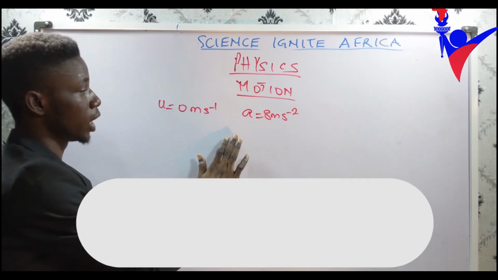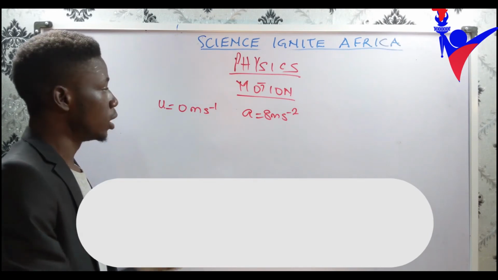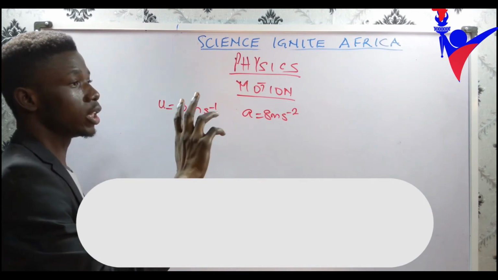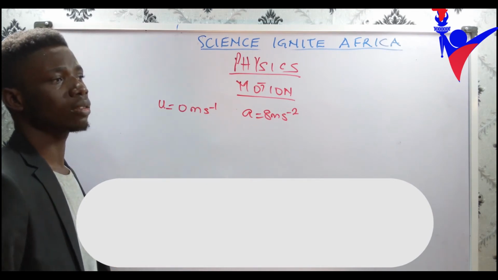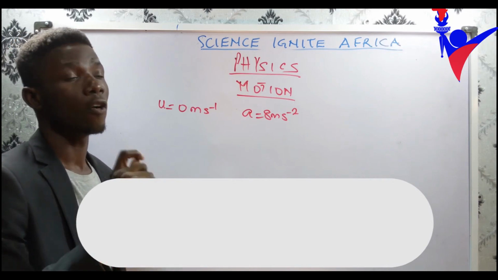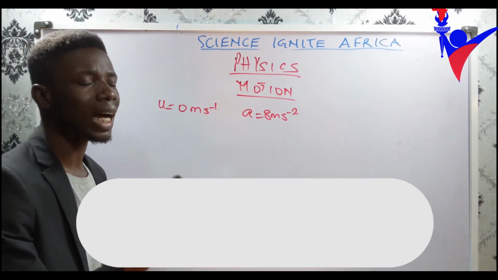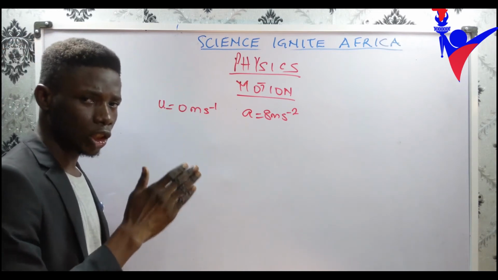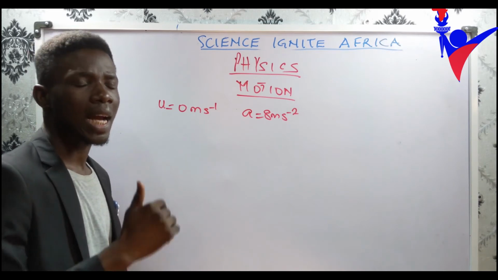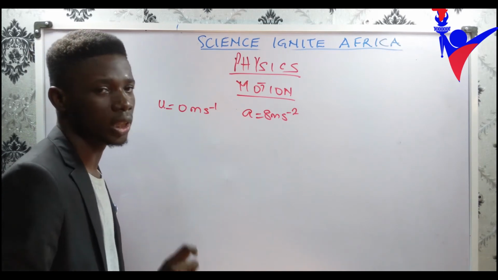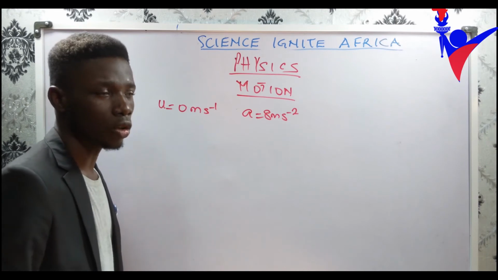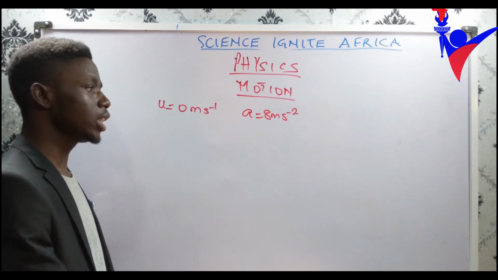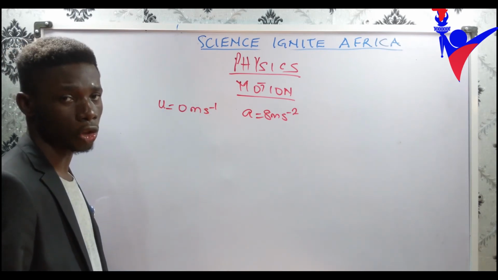Since they say it's accelerated at 8 meters per second squared, then from this initial velocity there must have been a final velocity. It said the body was accelerated for 30 seconds. For 30 seconds implies that he started the journey at a point and ended the journey at a point after 30 seconds. So at that 30 seconds, he must have attained a final velocity for this stage of motion.